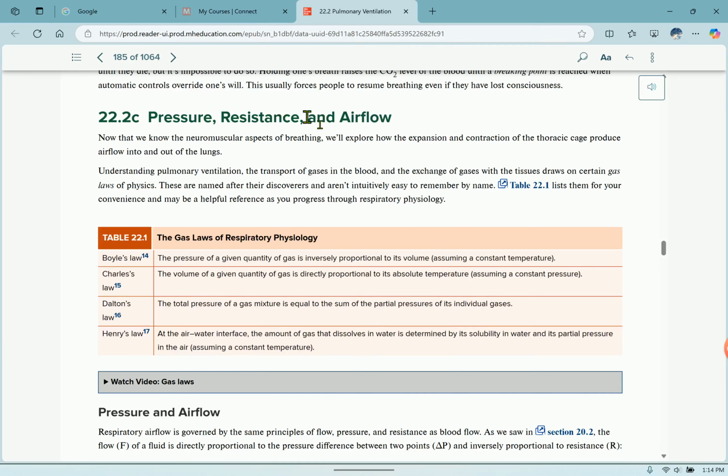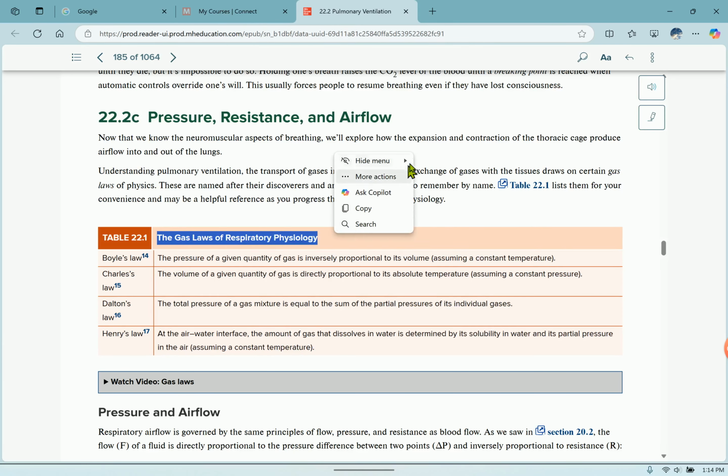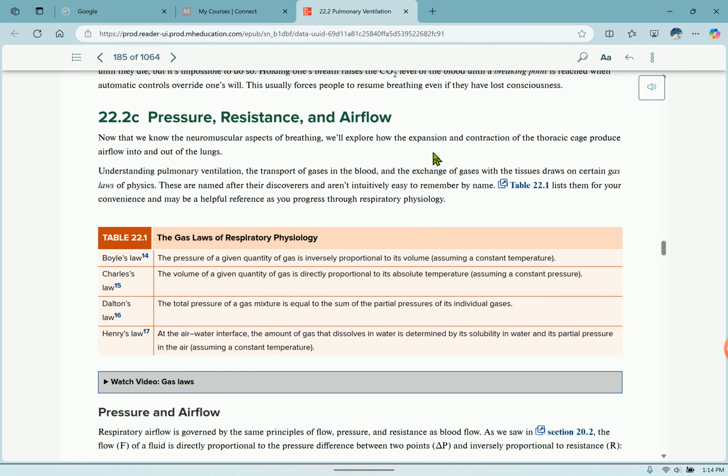Pressure, resistance, and airflow and other gas laws of respiration. Okay, so simply put, the expansion and contraction of the thoracic cage does help produce airflow in and out of the lungs.